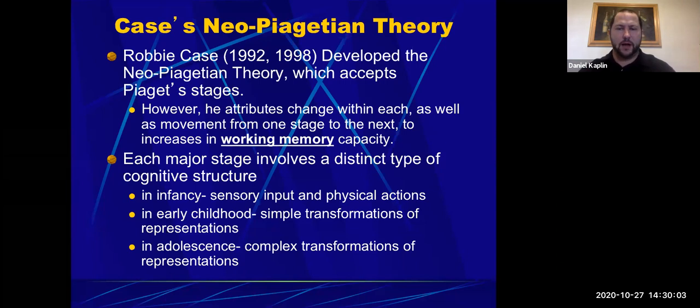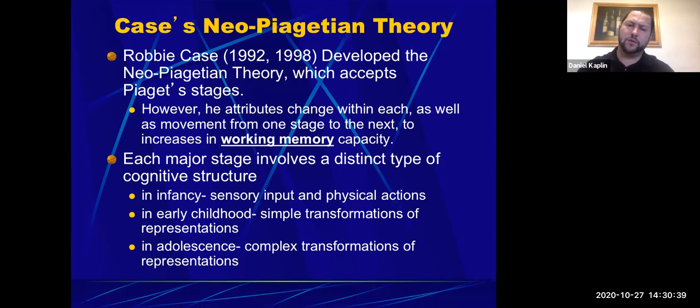And then when we talk about cognitive structures, he also explains that a little bit more. In infancy, which would be your sensory motor stage of Piaget, he says we operate based on sensory input and physical actions, right? In early childhood and middle childhood, so now we're talking about the 2 middle stages of Piaget, pre-operational thought and concrete operational thought, now we're dealing with simple transformation and representation.